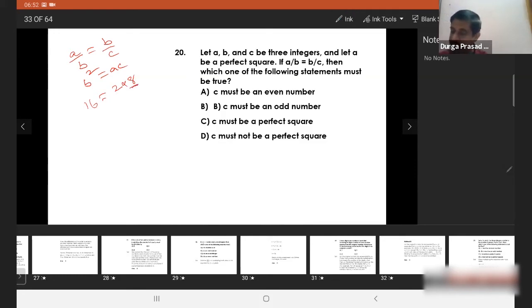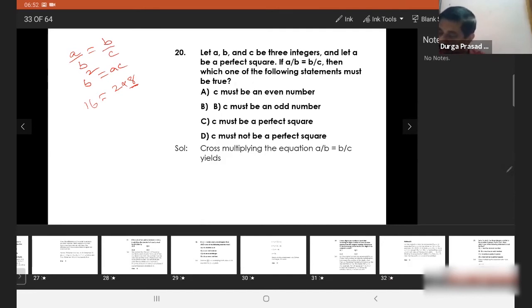Let us take some other example. Let us take B square as an odd number. An odd number's square is always odd, so therefore C must be even is wrong.